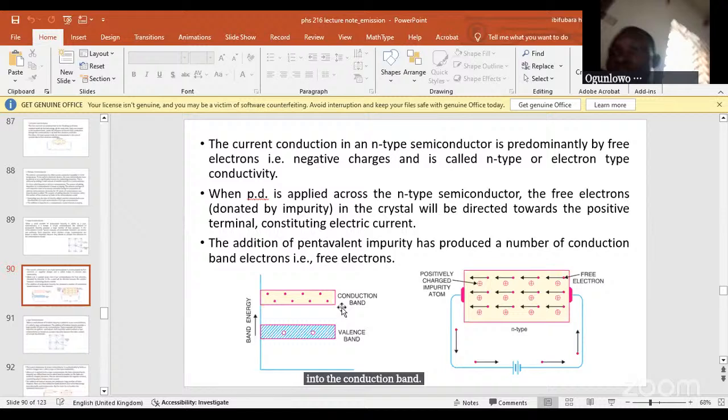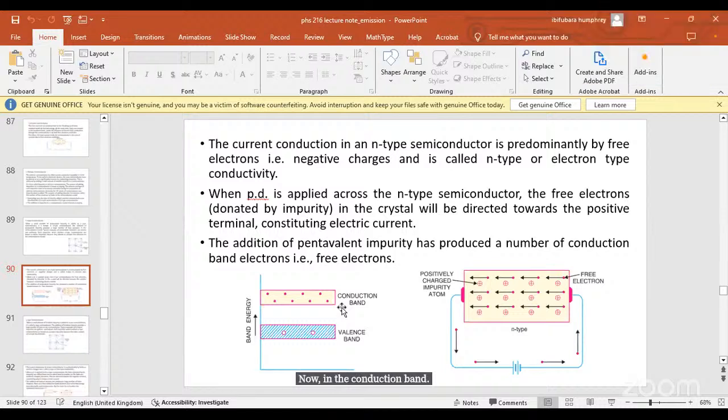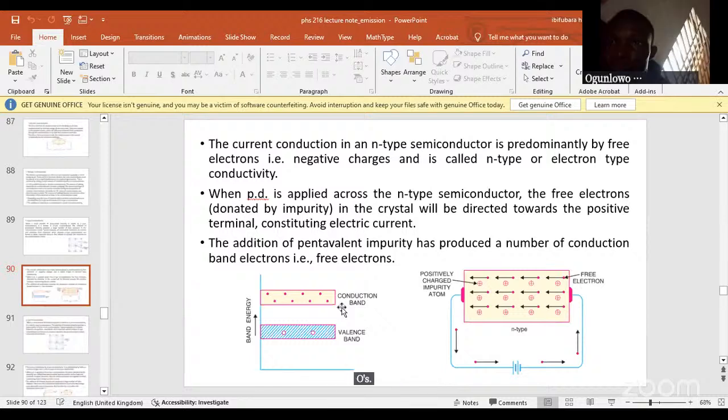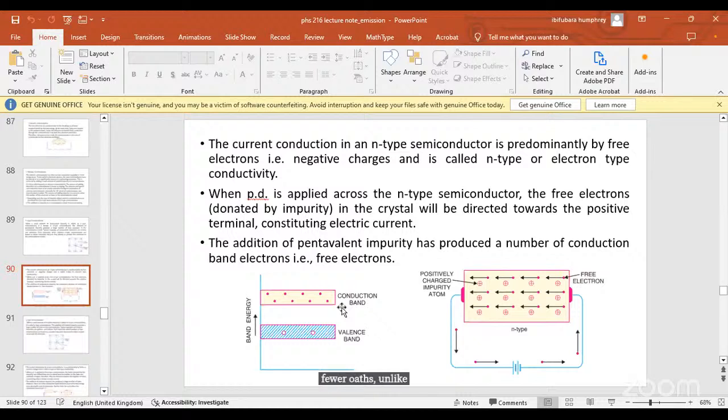Now, in the conduction band, we have fewer holes. Unlike intrinsic, where we have an equal number of electrons and holes, here we have more electrons than holes.